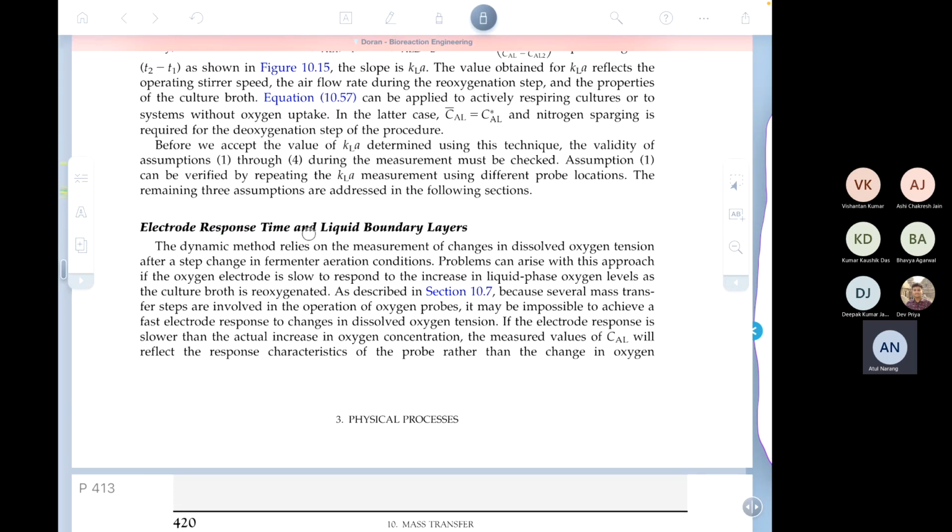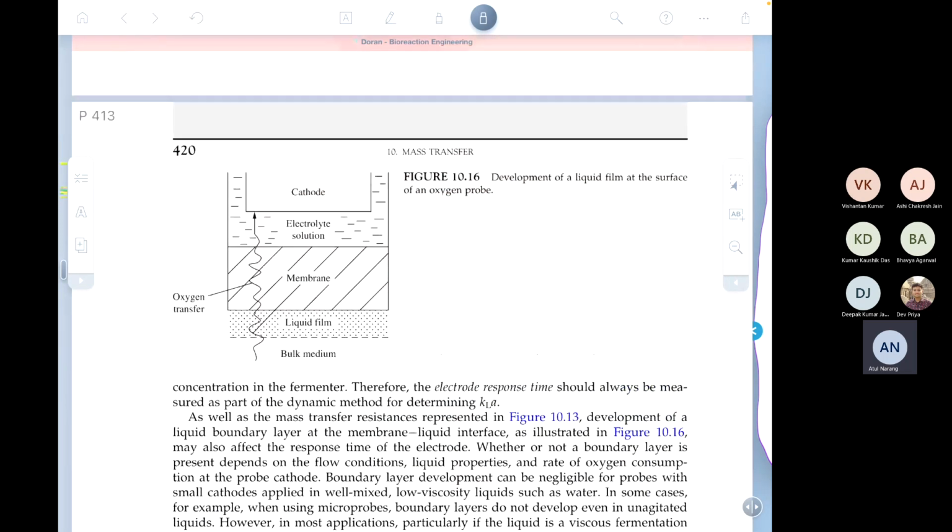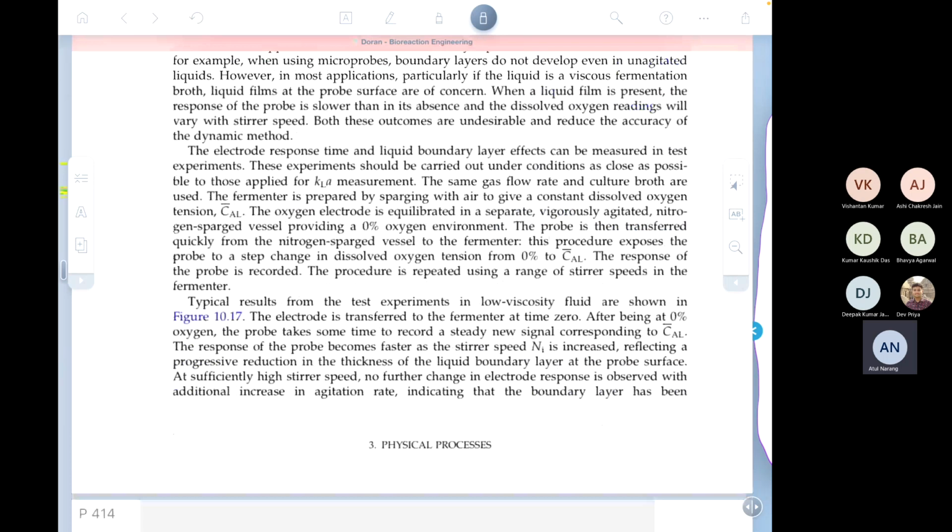The response is obtained with a lag. And here she's explaining where the lag comes from. Because in a probe, the oxygen has to pass through the membrane, as well as perhaps a thin boundary layer outside the membrane, which she calls a liquid film. And these lead to delays in the response.